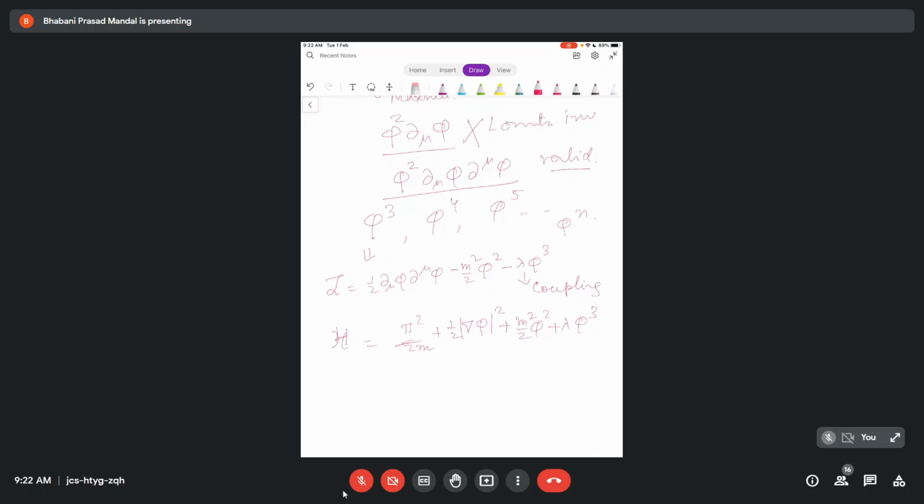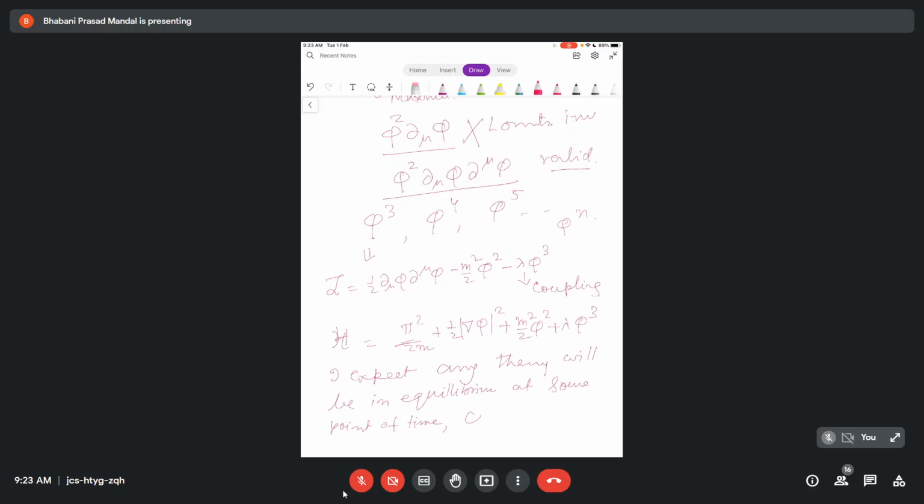But now, what will happen? See, I expect that any theory, any quantum theory, will at some point of time be in equilibrium. Whatever it is, it may take a very long time, but it has to come to equilibrium.